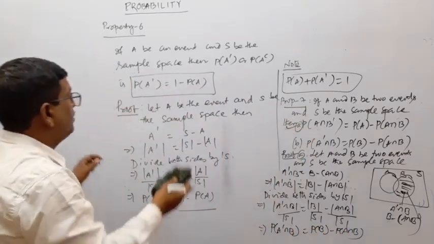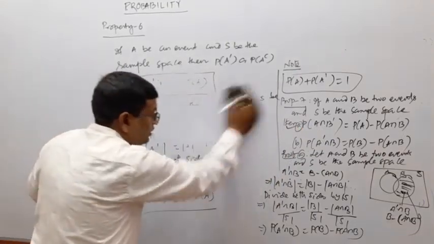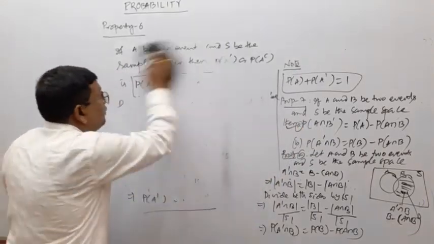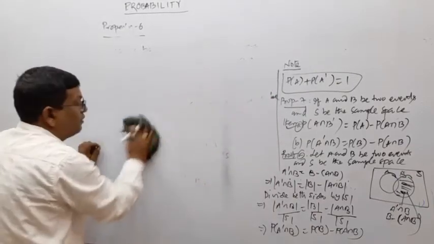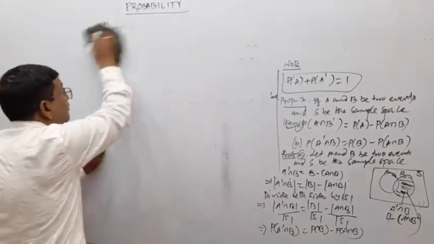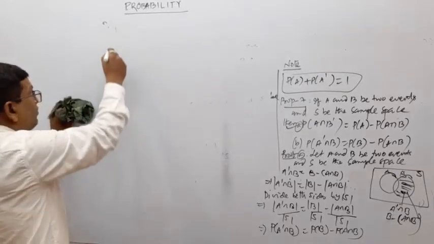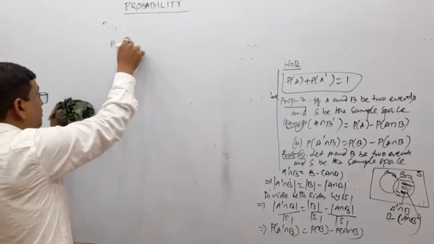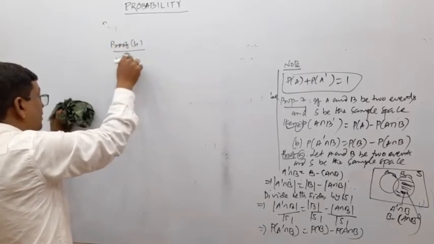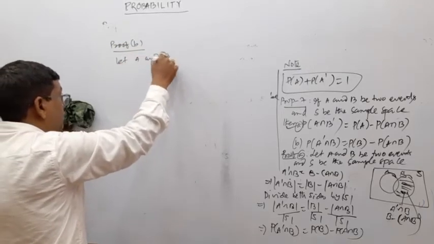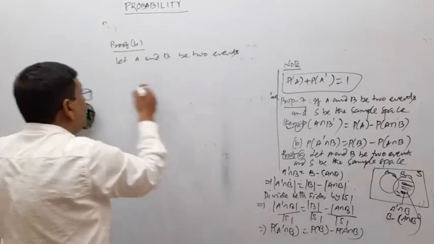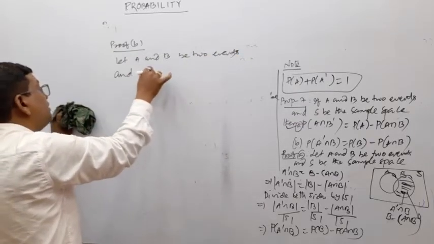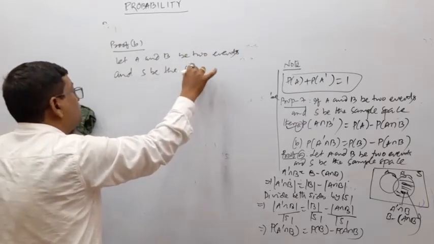Now for the second one, proof of part B. Let A and B be two events and S be the sample space.